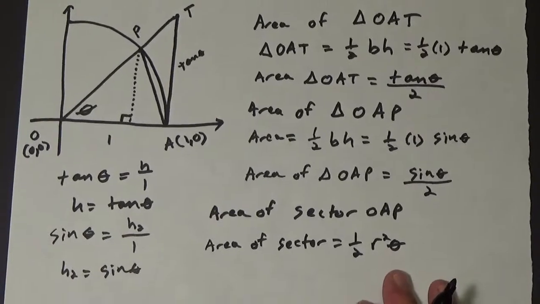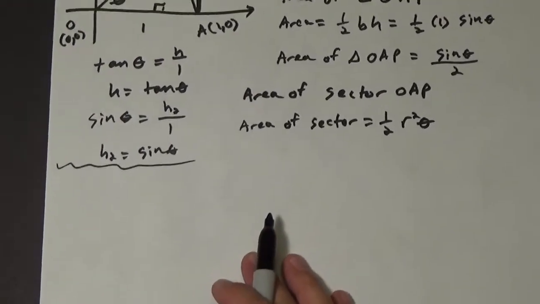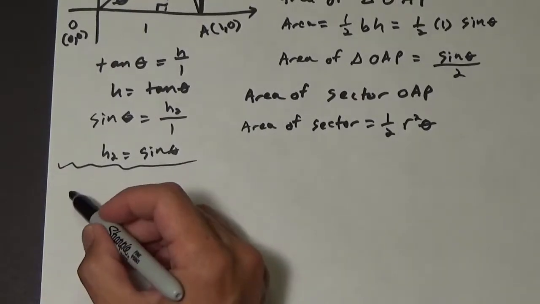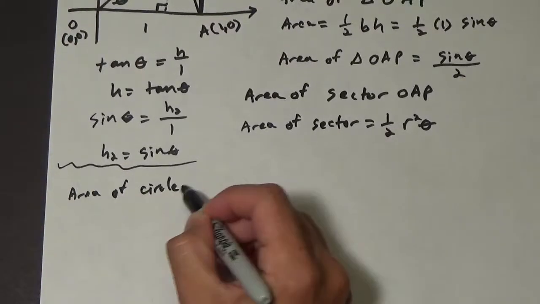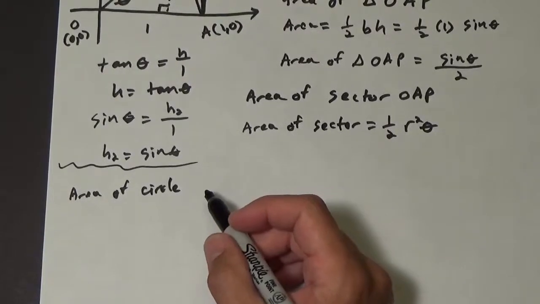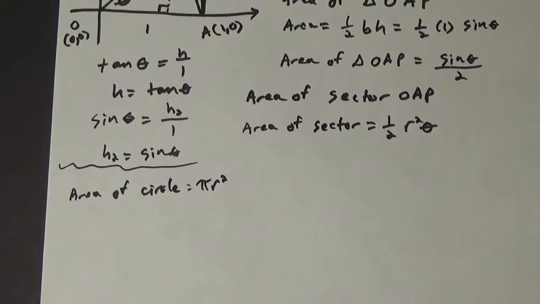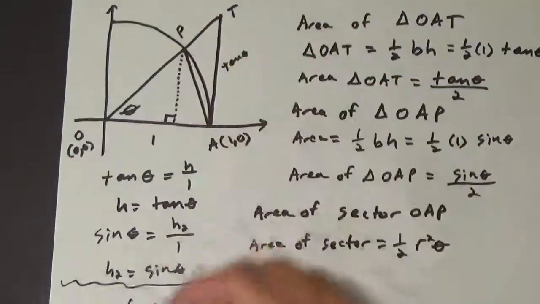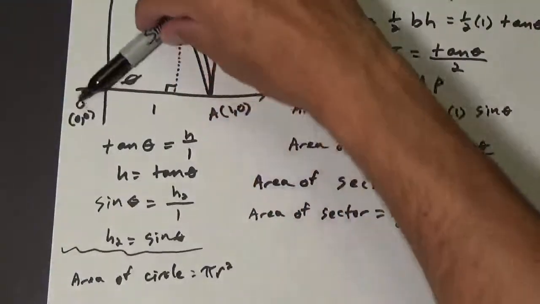Now, if you kind of want to think about the logic behind that, this is how I used to teach it back in trigonometry and geometry. The area of a circle in general is pi r squared, right? Now we don't have a full circle here, we only have a portion of a circle. So we've got to multiply this pi r squared by some fraction.